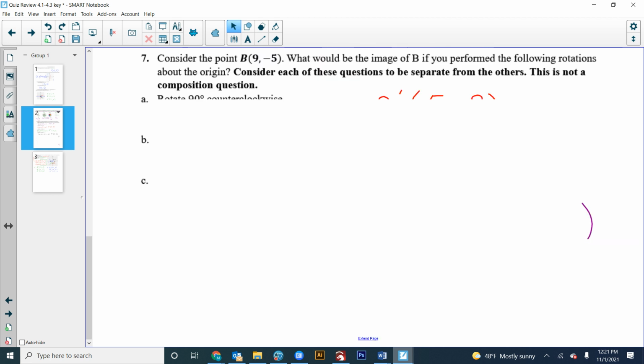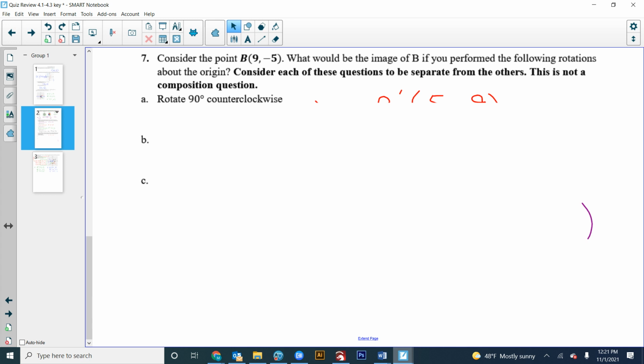All right. So the next one. We got rotations. When I say consider each of these questions to be separate from the others, all that means is here's the original point. Do one, and then start back with the original point, and then do it for letter B. Start back with the original point, do it for letter C, and so forth.